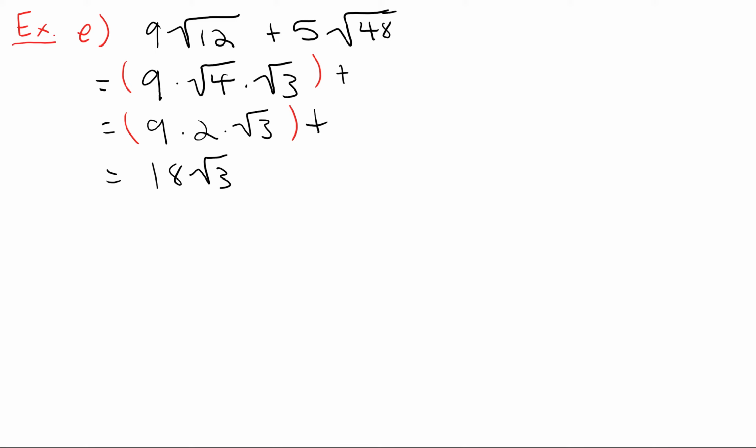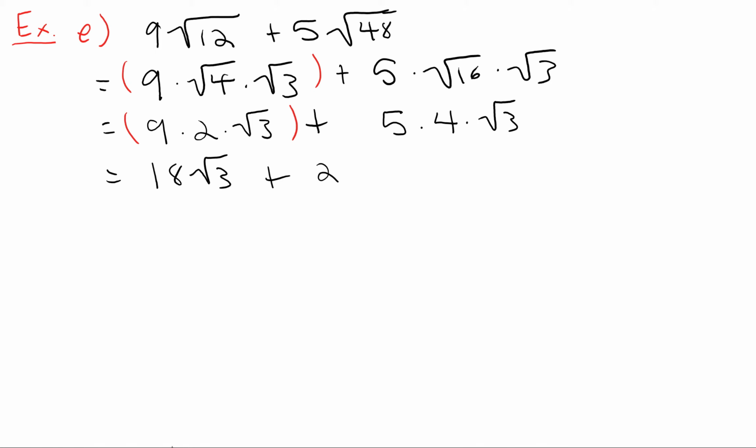So I'm going to rewrite this mixed radical as 5 times root 16 times root 3. Then I'm going to simplify that further by saying 5 times 4 times root 3, and then write that as 20 root 3. And I'm going to put some brackets around that to separate it out.